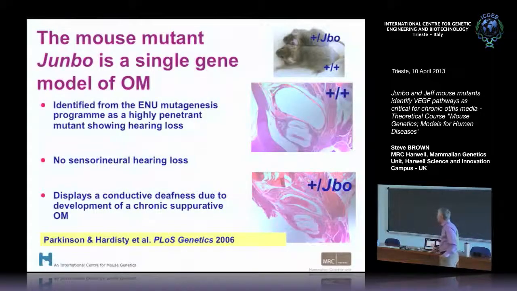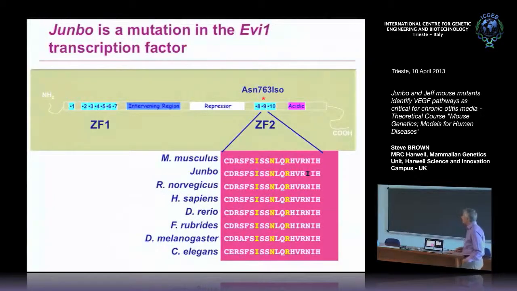Now the Junbo mutant is in fact a mutation in a transcription factor called EVI1. It's an asparagine to isoleucine mutation in this second zinc finger domain of this particular transcription factor. It's got two zinc finger domains, again in a highly conserved residue.